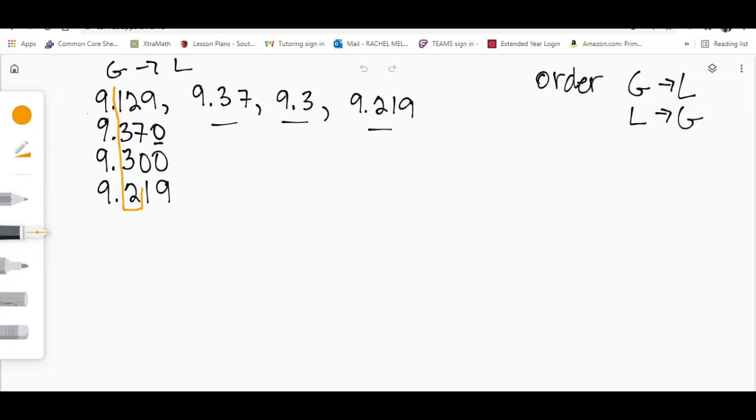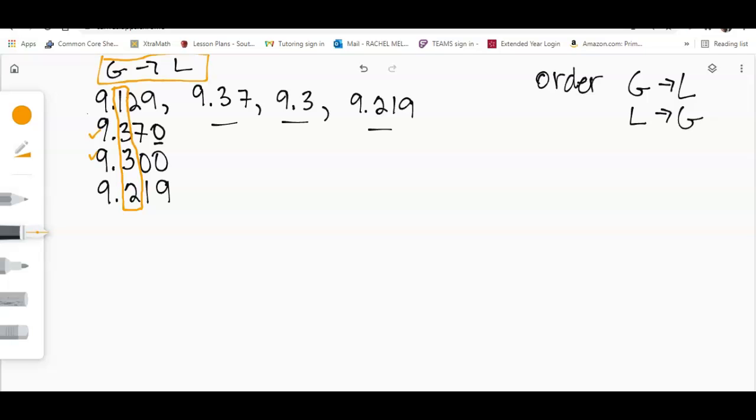All right. Now, remember, our direction says greatest to least. So looking at this, what this tells me is that I have 2 3s. So I know that these 2 numbers have to be my first 2 numbers because 3s are bigger than 2 and 1.